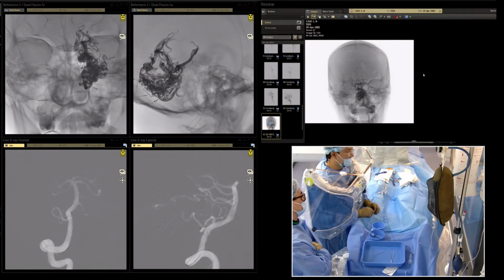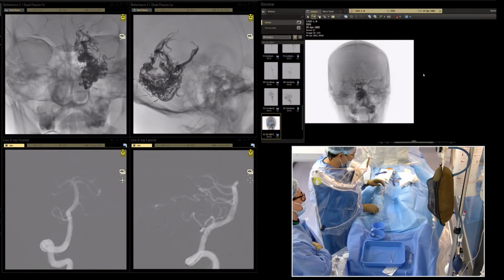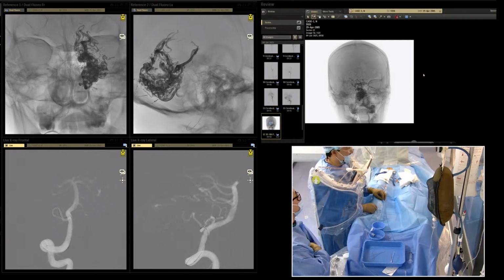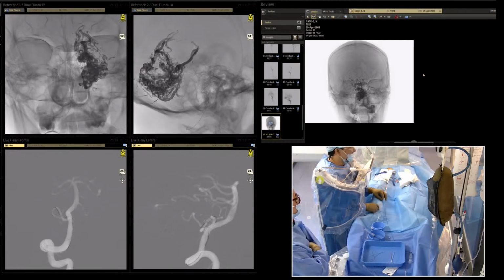Okay, it's a different story. It's a little bit stiffer than Hybrid 8. And for the proximal navigation, maybe it's better to use a Chikai 8. Okay, can go a little bit distally.